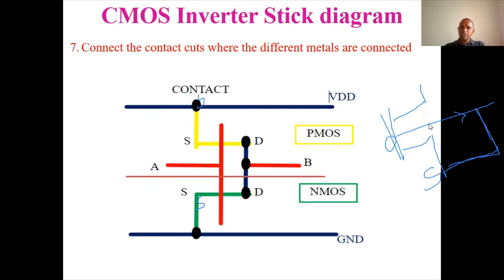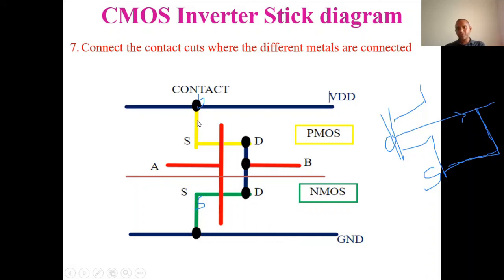We will always show in the stick diagram that the source and substrate are shorted like this. The source is this one and the substrate is this one. Both will be shorted. That's why here the source is connected to VDD, therefore the substrate symbol is also placed here, and the source is connected to the ground, so the substrate is also connected to the ground.